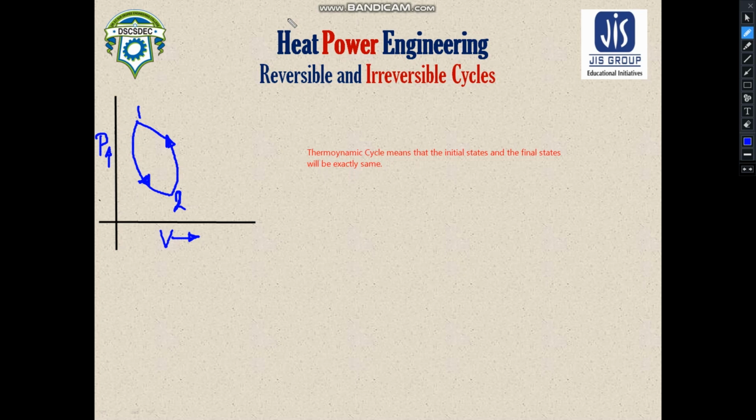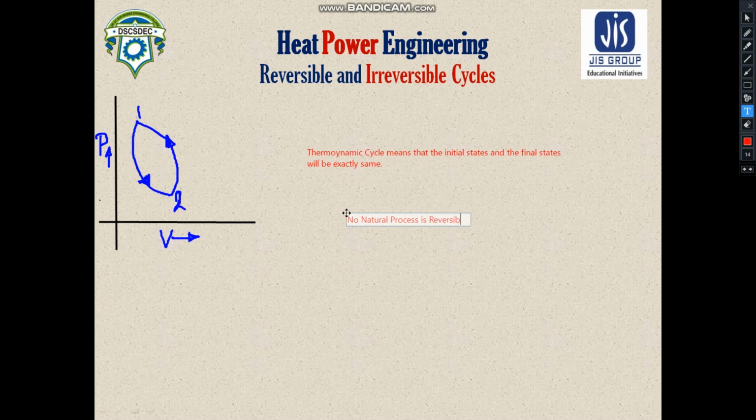Okay, so you must understand one fact: no natural process is reversible.